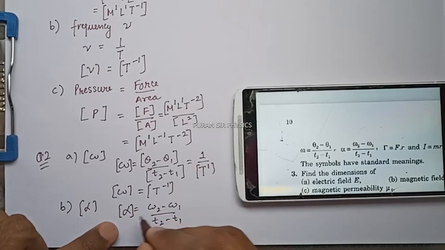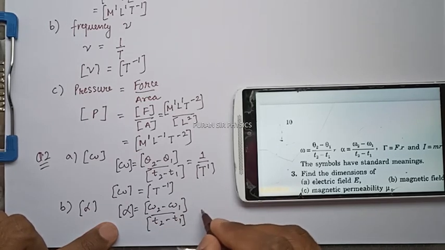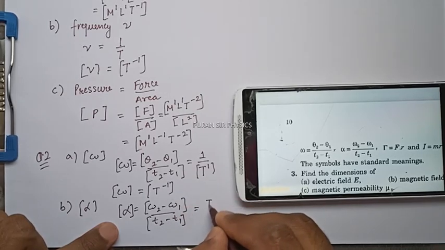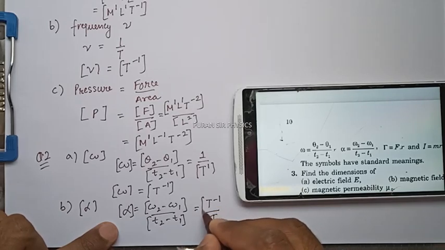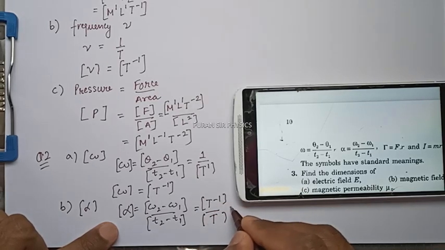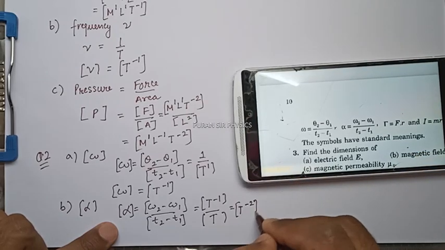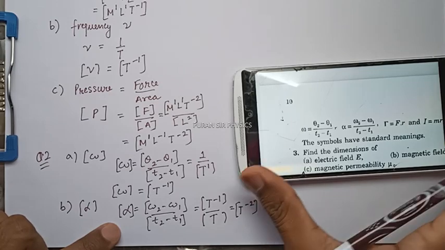So the dimension of angular acceleration will be the dimension of angular velocity divided by the dimension of time. The dimension of angular velocity we have just found, that is t raised to power minus 1, and the dimension of time is t. So from here we can say it is t raised to power minus 2. So the dimension of angular acceleration is t raised to power minus 2.